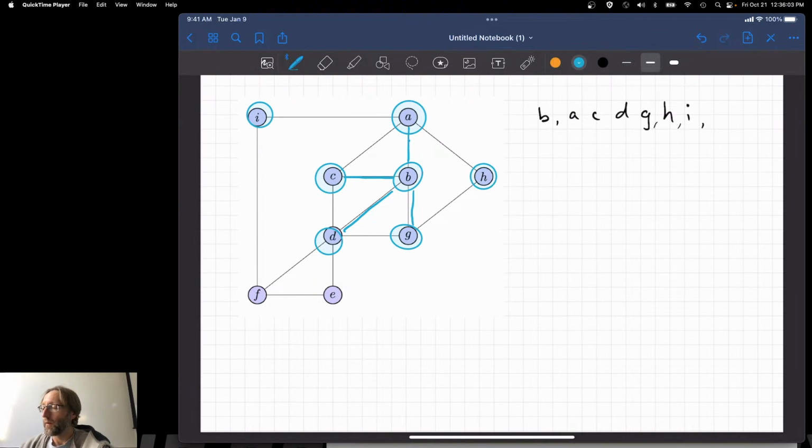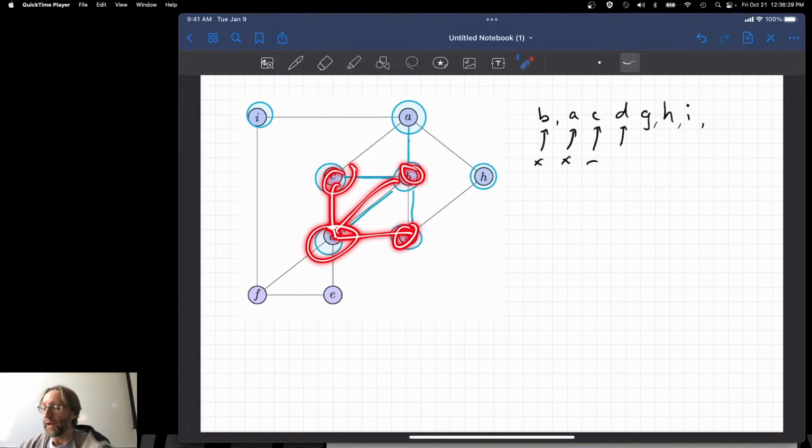Now, remember that we've done B, we've done A, and we've explored its neighborhood. Now we look at C. Everything in C's neighborhood has been explored already, so we end up doing nothing. We move on to D. It's got several things in its neighborhood.